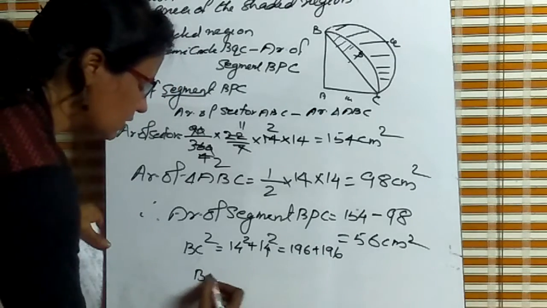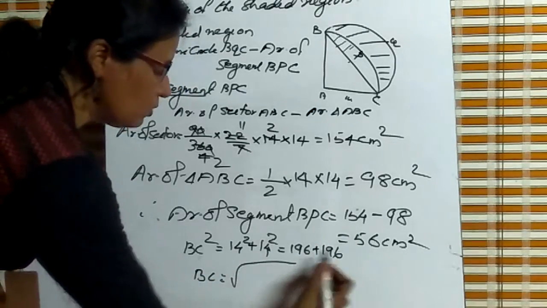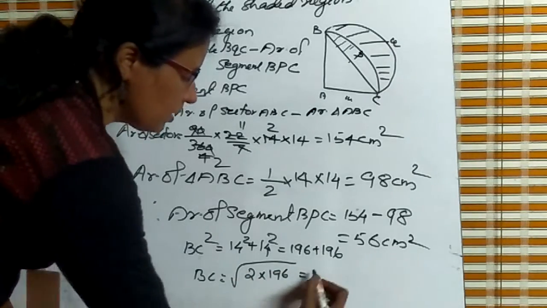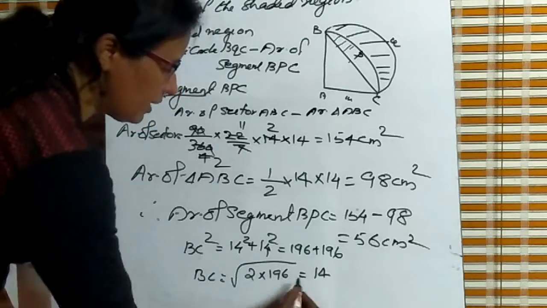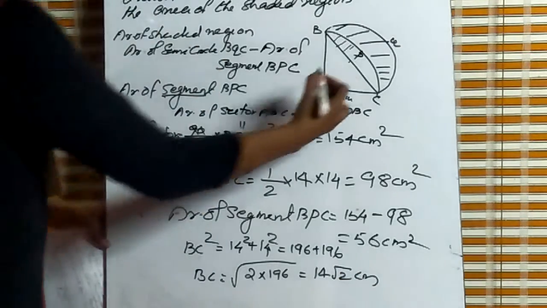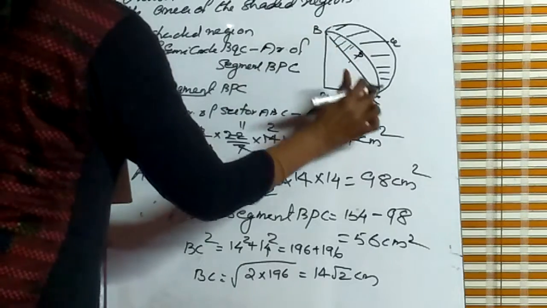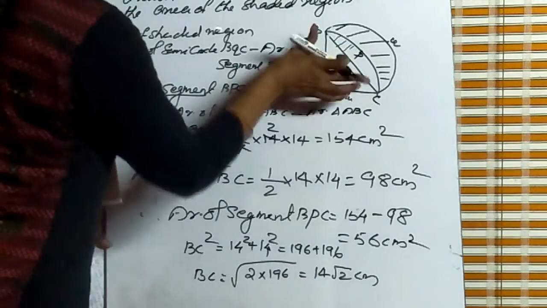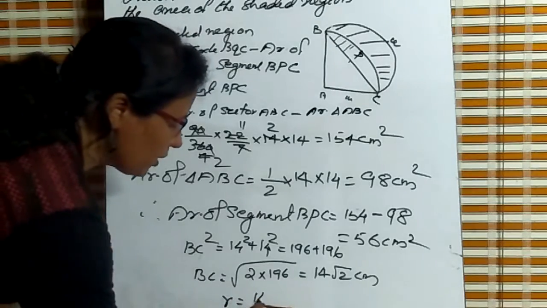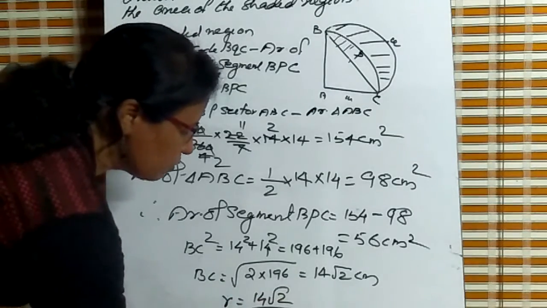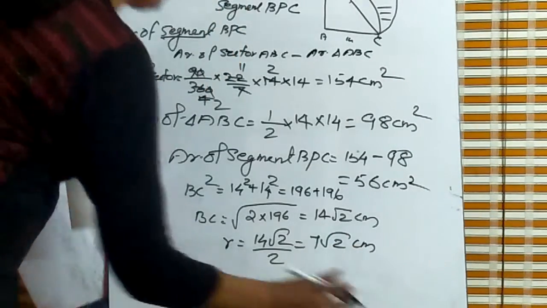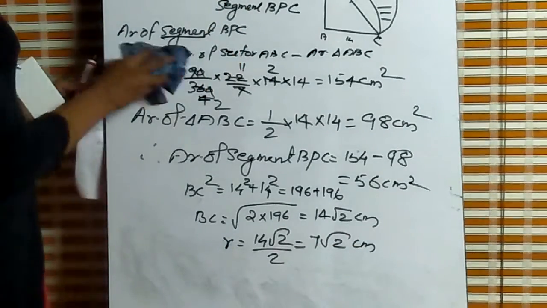So BC is equal to square root of 2 times 196, root of 196 is 14, so 14 root 2 centimeter is the BC. This is the diameter, so radius is equal to 14 root 2 by 2 is equal to 7 root 2 centimeter.